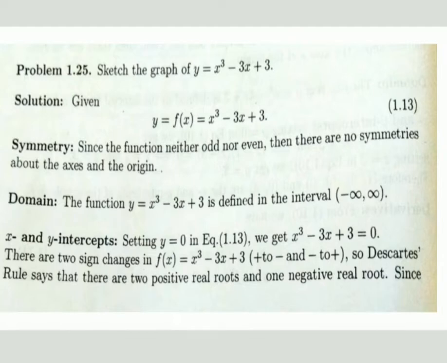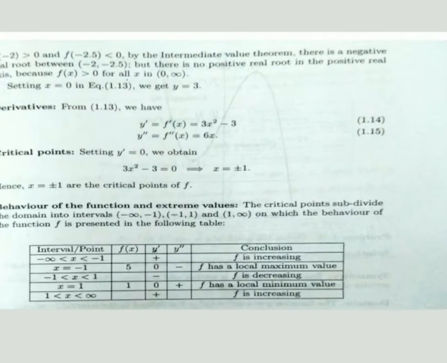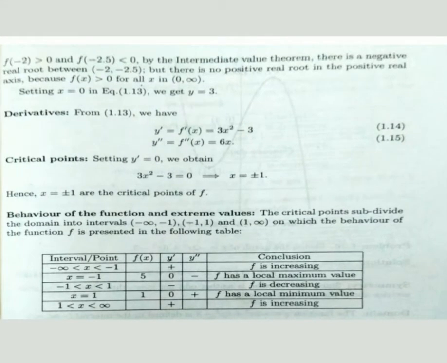Okay, so since f of minus 2 is greater than 0 and f of minus 2.5 is less than 0, by the intermediate value theorem there is a negative real root between minus 2 and minus 2.5. Observe that f of minus 2 is greater than 0, and at one more point, f of minus 2.5, that is less than 0. So that's why we can apply the intermediate value theorem.